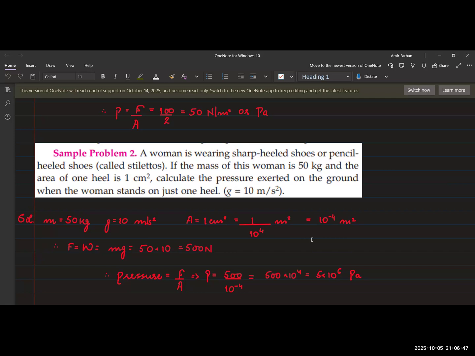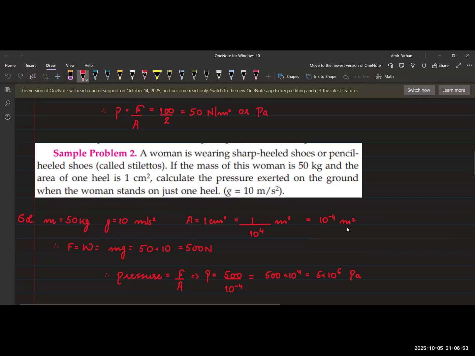How do you do that? One centimeter is nothing but 1/100 meter. Yes or no? Yes, sir. If you want to convert this into area, you have to divide one more time.